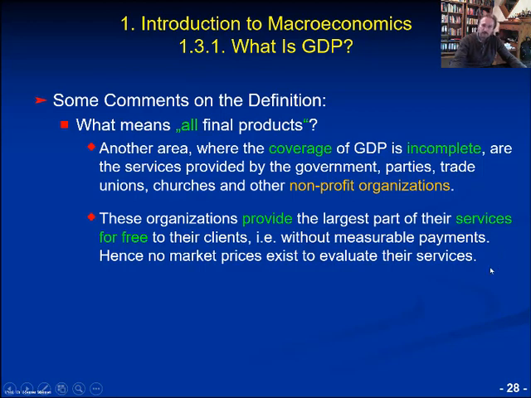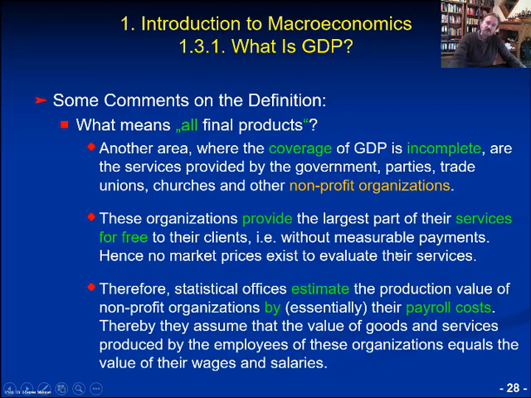Hence, no market prices exist to evaluate their services. Therefore, statistical offices estimate the production value of non-profit organizations by, to the most part at least, their payroll costs. So the money they pay to their workers, in other words.